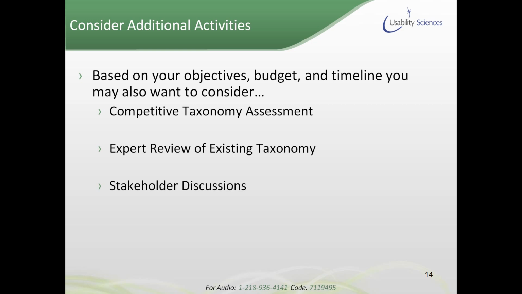So this could be anywhere from merchandisers to SEO, user experience folks within your organization, etc. But obviously we think it's important to understand the process that the organization goes through, because one of the things that's very critical is it's one thing to do an evaluation and to make changes. It's a different thing to ensure that over time you sustain a quality taxonomy. So stakeholder discussions are very valuable.